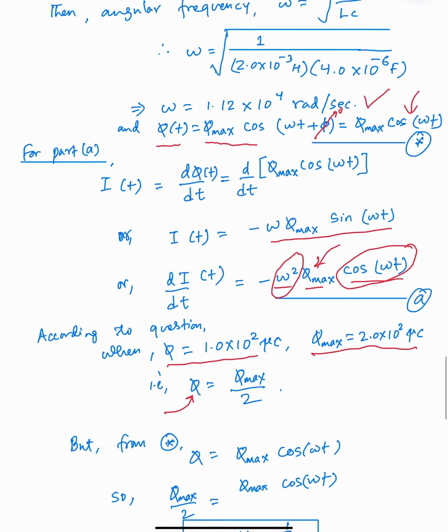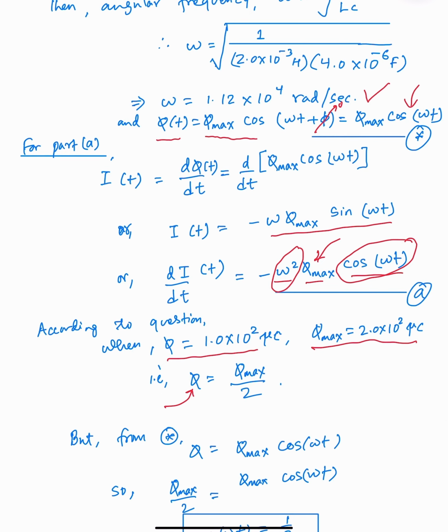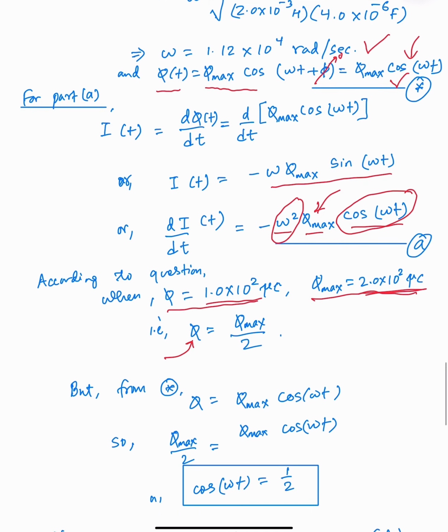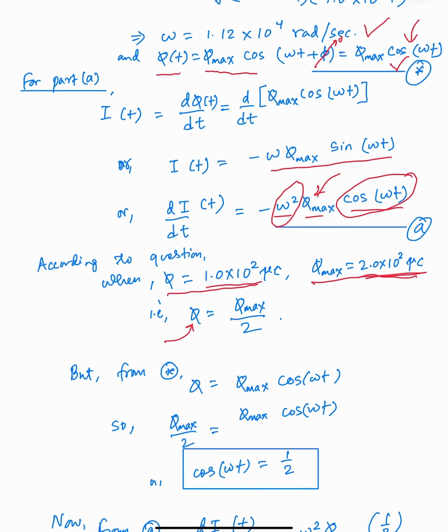on this equation A. So again, from equation star here, q equals q max cos omega t. So as we know, q equals q max over 2 here. Okay, so you can use that, and so we will be able to find out the value of cos omega t, that is just half.